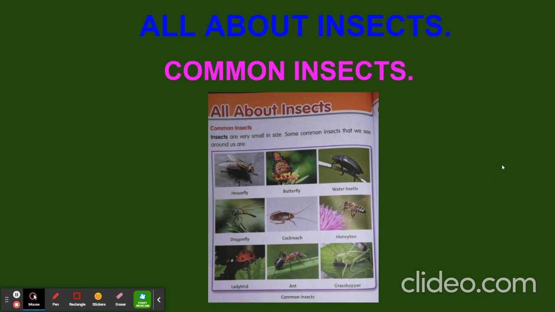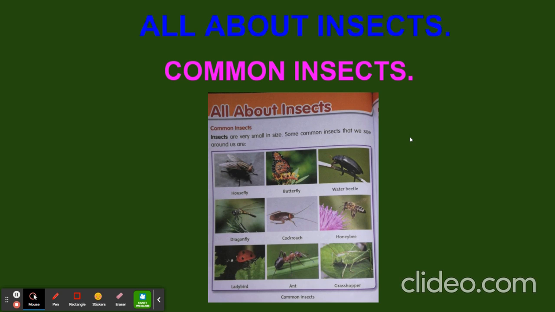So the block is all about insects. We see different types of insects, right? So what are the common insects that we see in and around our house or our surroundings? First of all, what is an insect? Insects are very small in size.